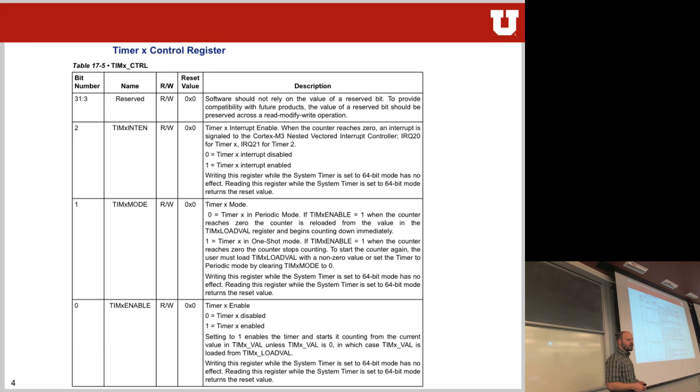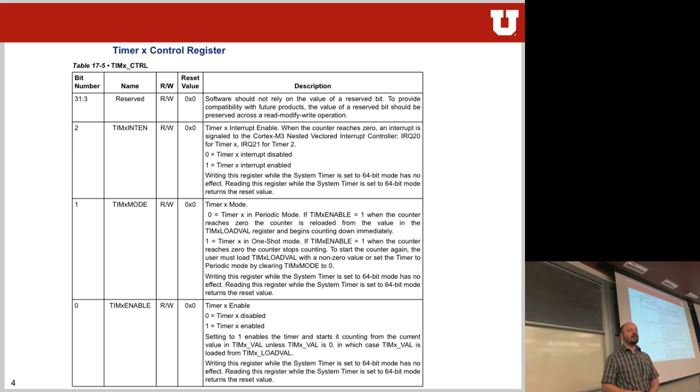First, the control register. This is a very typical control register definition that you get in the data sheet. You have bits 31 through 3. It tells you there will be 0, but it's not guaranteed. So as software developers, just ignore what's up there. It should be 0, but who knows exactly. Then we have bit number 2, which is the timer interrupt enable, read-write.